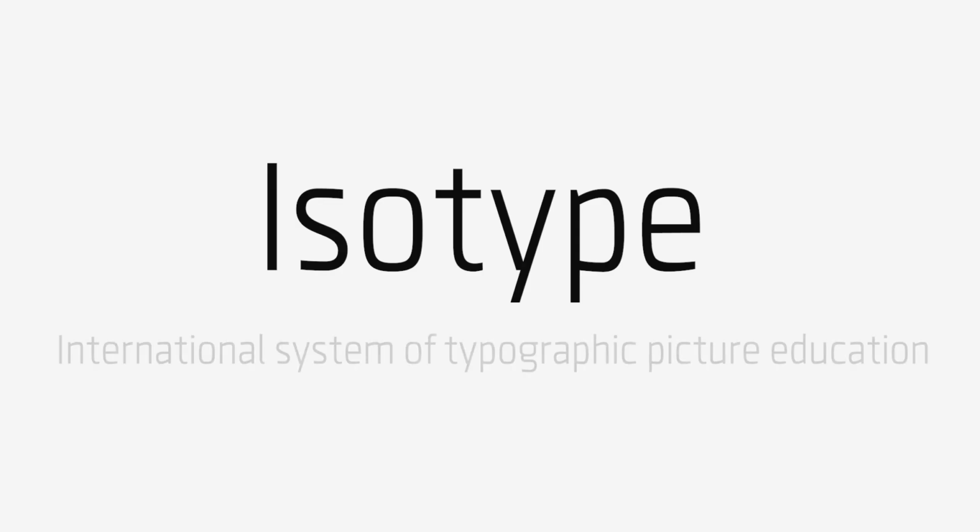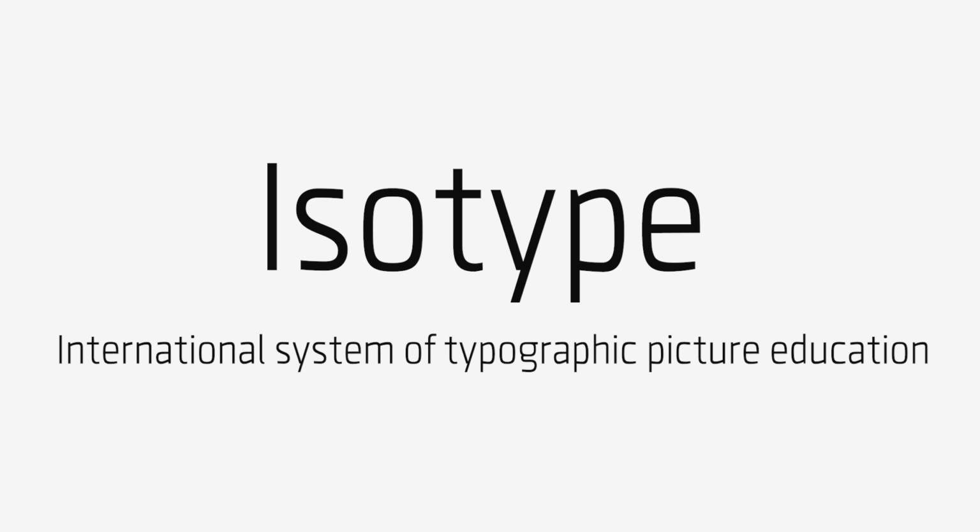But there have been attempts at developing a worldwide visual language through an initiative which lasted from the 1920s till the 1970s, and it was called Isotype, which is an acronym for International System of Typographic Picture Education. In short, Isotype is a system of graphic presentation of information, which may go under the term data graphics.